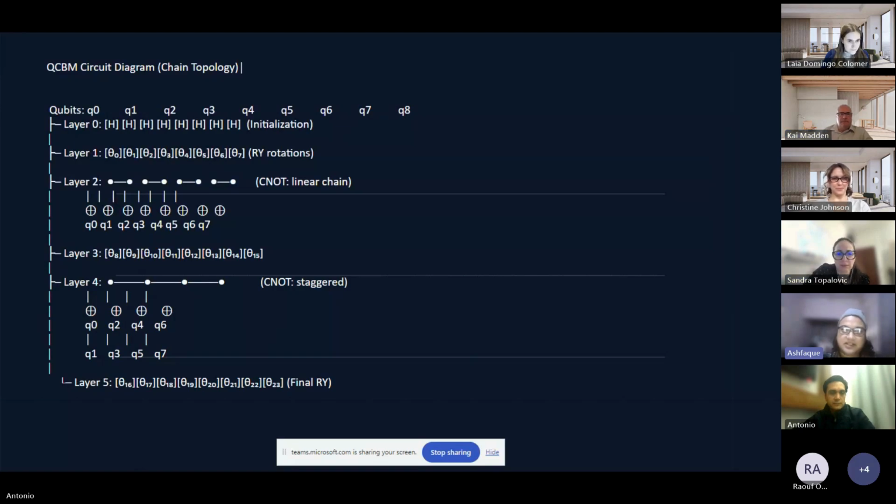Okay, thank you. So I specifically worked on the quantum circuit born machine approach for the same problem statement of generating synthetic images. As Antonio stated earlier, the way it works is that, based on the probability distribution of a data set, it could be of images or any other data set, it tries to generate samples that are approximately similar to the original distribution of the target images.